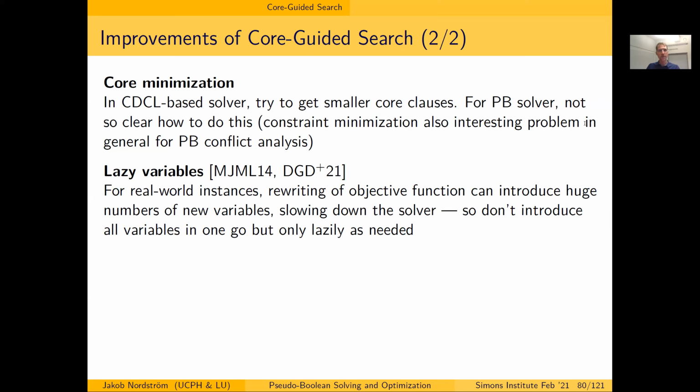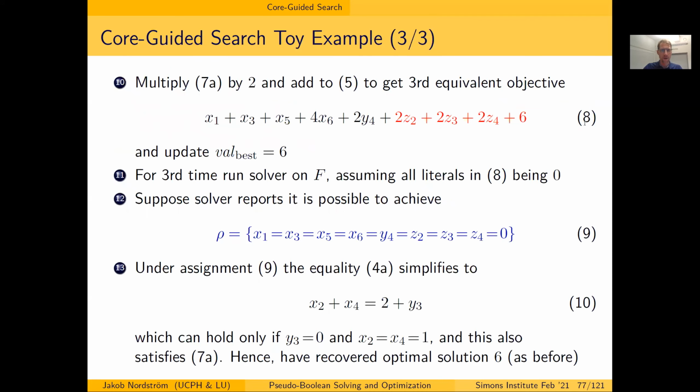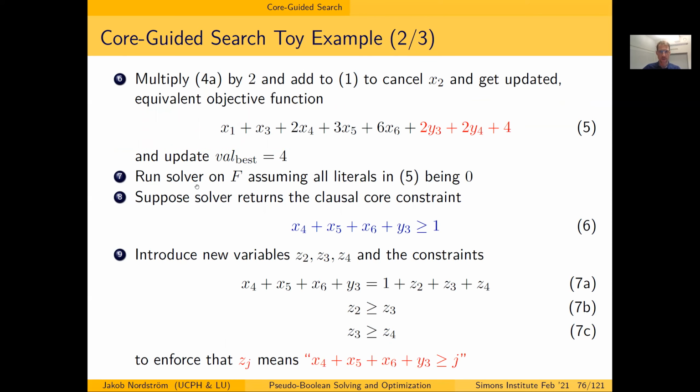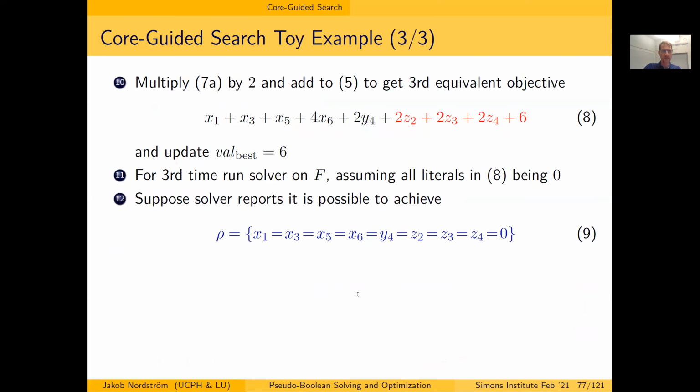One implementation detail that turns out to be important: when we did this rewriting, let's go back and see, time and again we had these equalities where we introduced, for instance, new variables Z2, Z3, and Z4. Now, in a real-world instance, you'll find many cores. And if these cores are large and clausal, then you'll get tons of new variables, and performance will take a hit after a while.